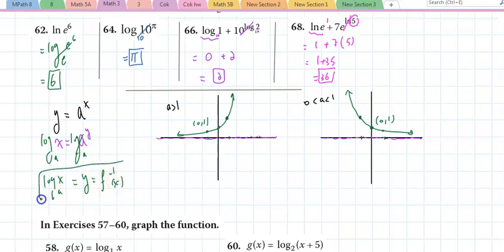What do we know about the inverse? We know few things. One, we know the graph is symmetric with respect to the line y equal x. If I draw the line y equal x, if I flip-flop this graph, it would look like this.